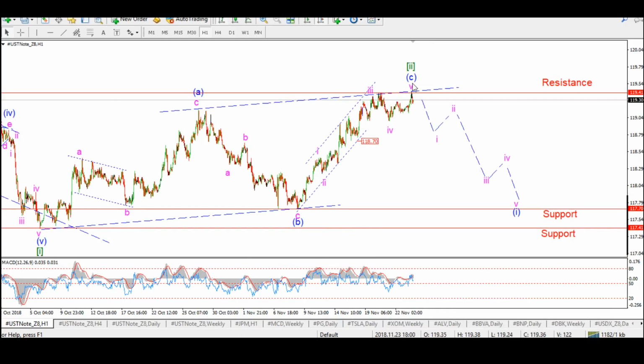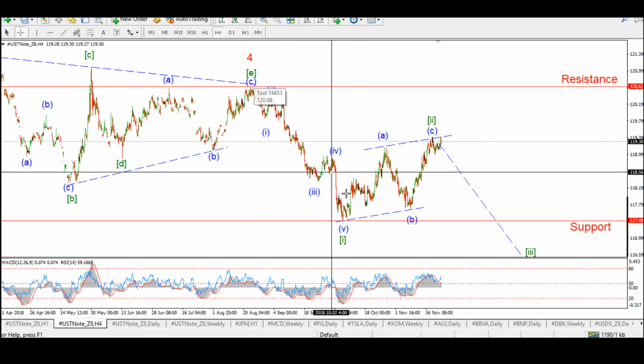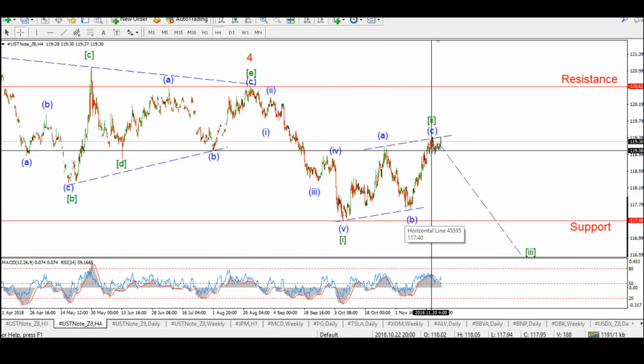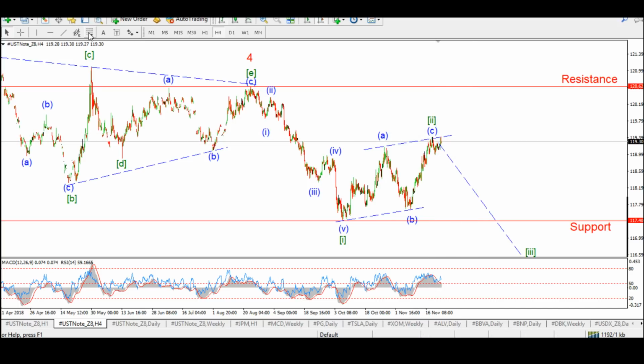Okay, so we got a slight new high today in treasuries in the 10-year. I can't view this as anything other than a 3-wave flat correction to the upside in wave 2. Let's get to the 4-hour chart there. We've got a nice 5 waves down in wave 1 green, and we've got a 3-wave correction in wave 2 green. I believe this 3-wave correction is more or less at the 62% level.